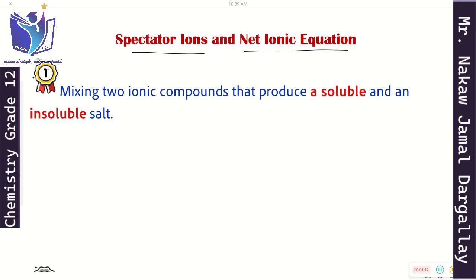By working through ionic equations, as you know, we have three cases related to our subject. One of which is mixing two ionic compounds that produce a soluble salt and an insoluble salt.